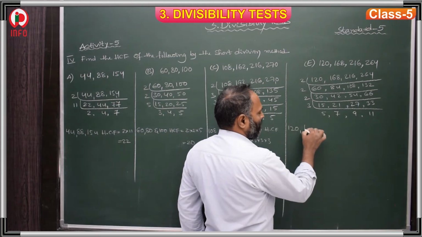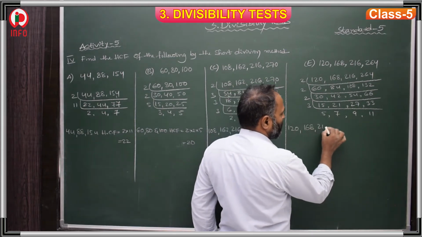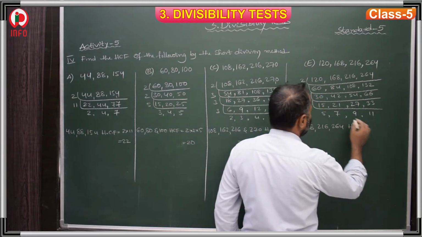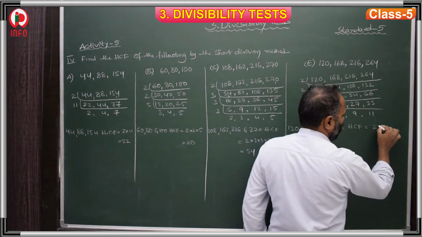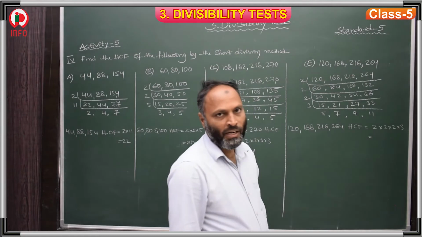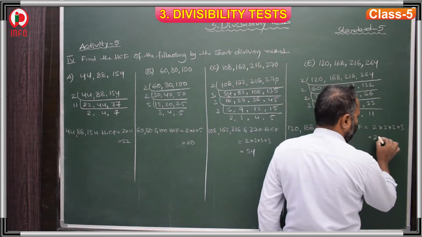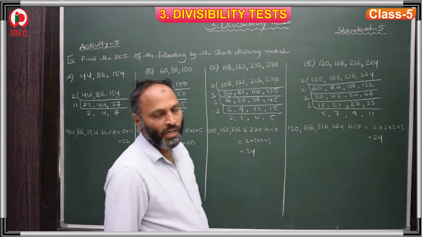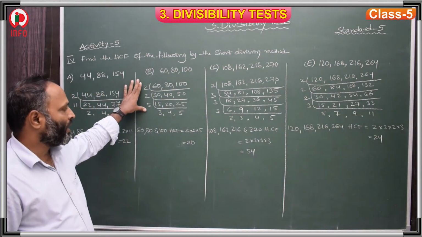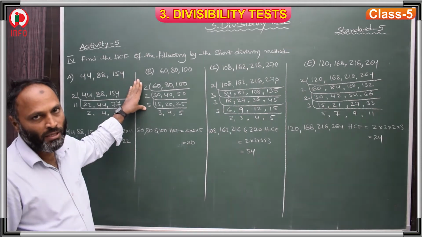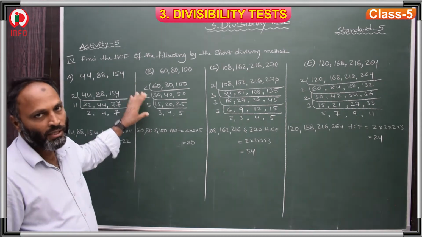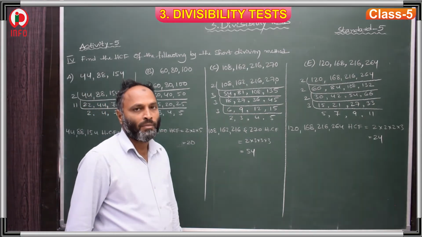The HCF of 120, 168, 216, 264 is 2 into 2 into 2 into 3: 2 2s are 4, 4 2s are 8, 8 3s are 24. 24 is our HCF. So in short division, first we check in which common table all the given numbers are divisible, then take the product of those numbers, which is our HCF.